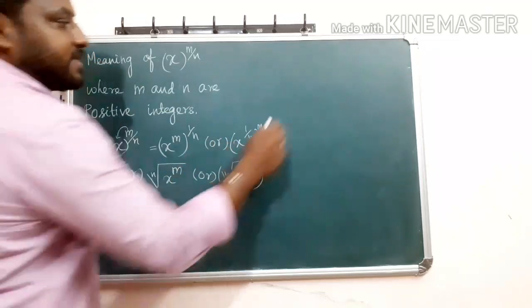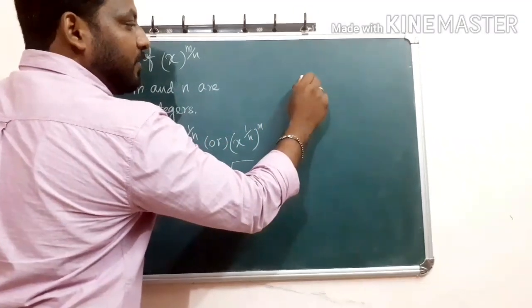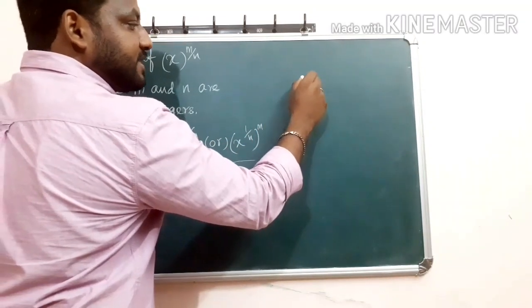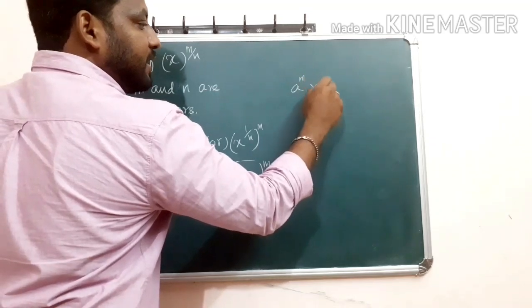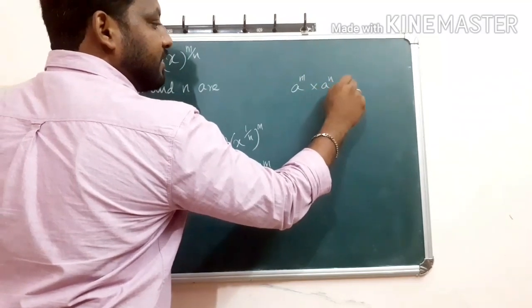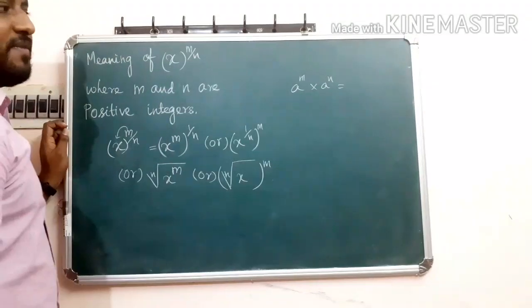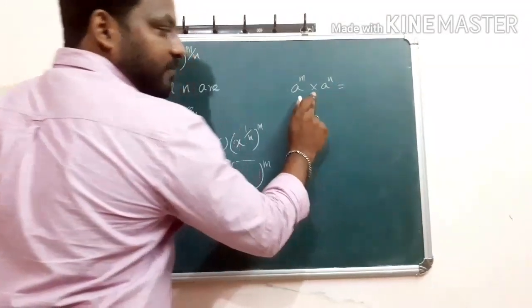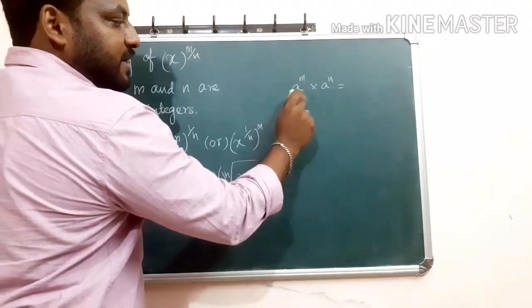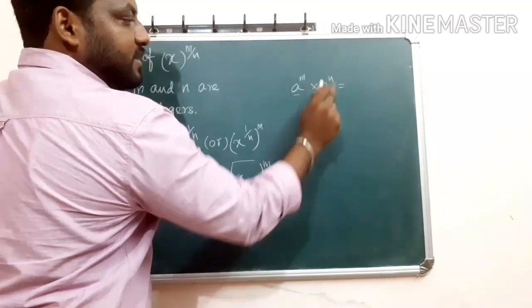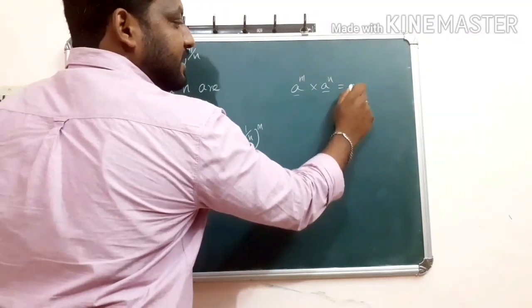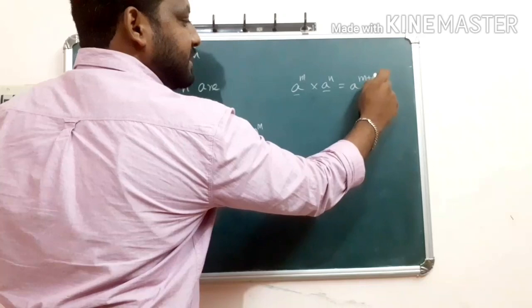This is nothing but the same as the formula we studied in lower classes: a power m into a power n. If the multiplication symbol is given, the bases are the same and the powers are different, we can write a power m plus n.